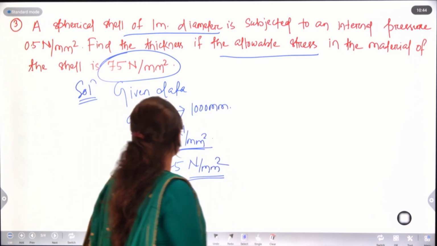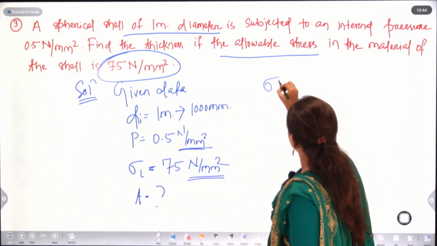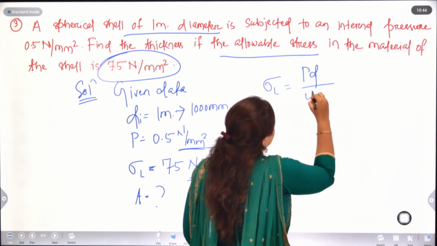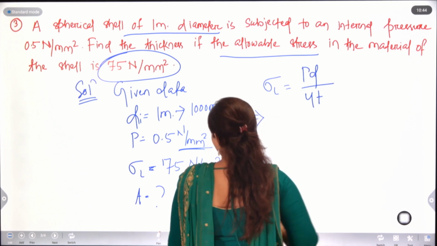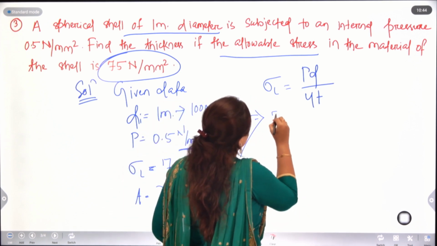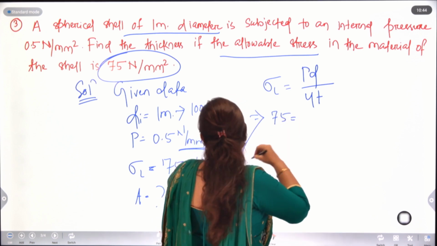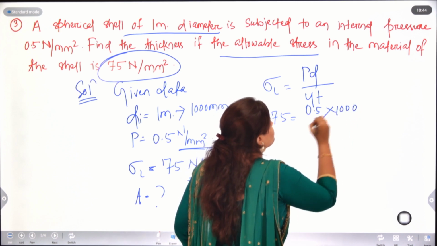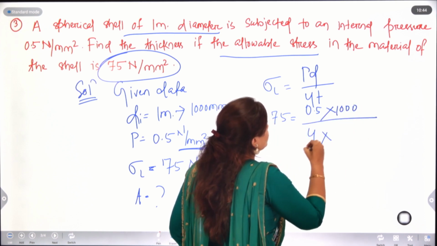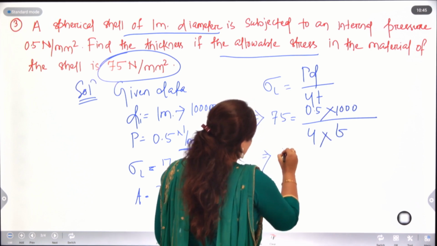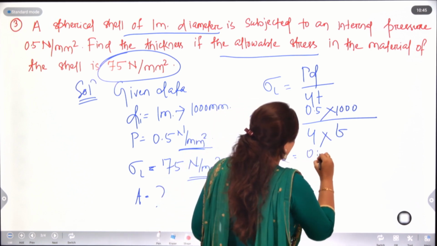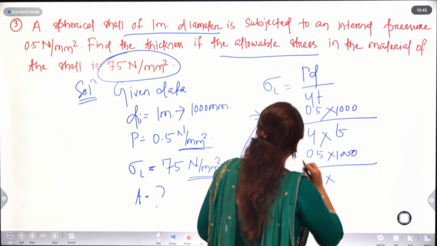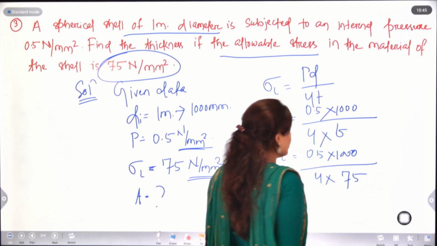So now by putting the values in our formula PD upon 4T, we get 75 equals 0.5 into 1000 upon 4 into T. We can write it like this: T equals 0.5 into 1000 upon 4 into our 75.